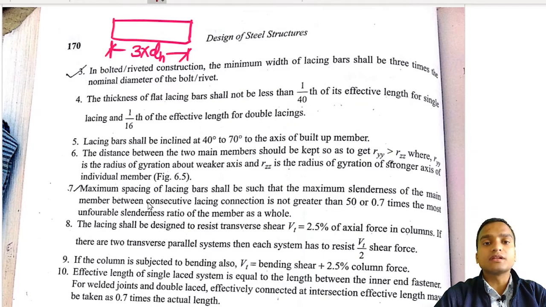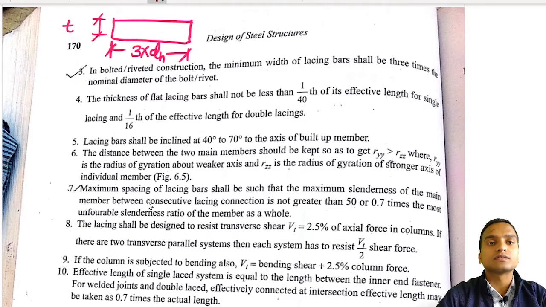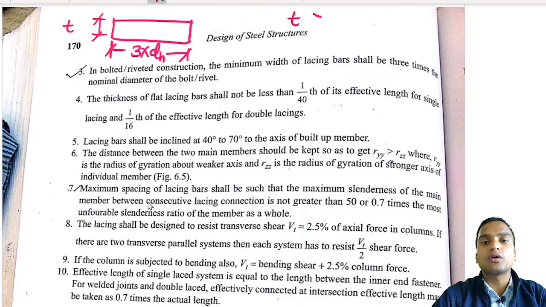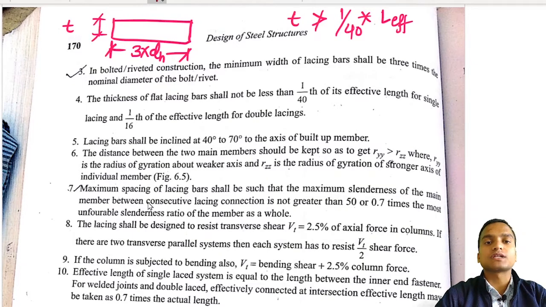And the thickness of flat lacing bar shall not be less than 1/40 of the effective length of single lacing, L effective. So this is the thickness and the width of the lacing member given here.